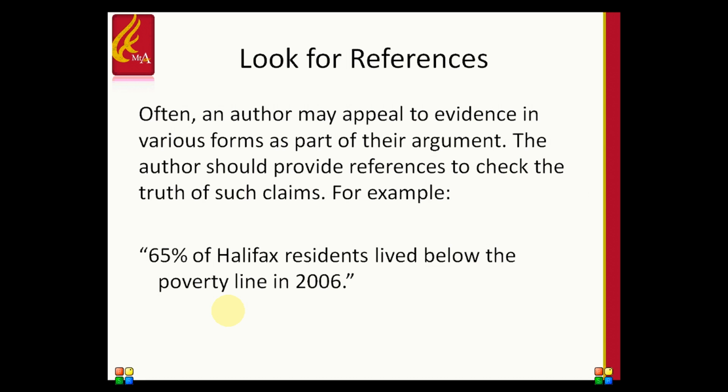And not only that, it should also provide a quality reference. So it shouldn't just be referring to some hearsay or conjecture somewhere else in another bad article. Ideally, you would have some kind of statistical data that you could refer to in this case. So maybe something on the StatsCan website where this data has actually been collected. So that's another thing to look for: when a specific claim like this is made that appeals to evidence, check to see that that evidence is backed up by a reference.